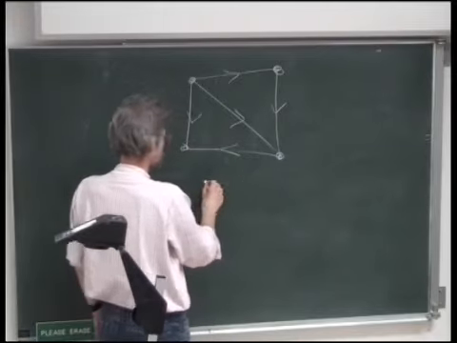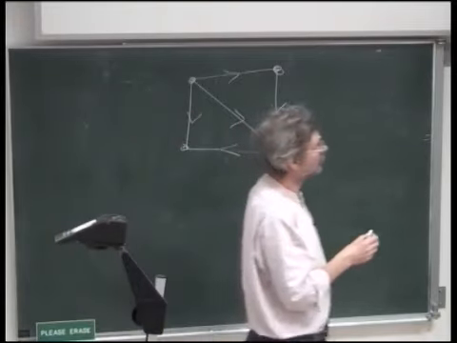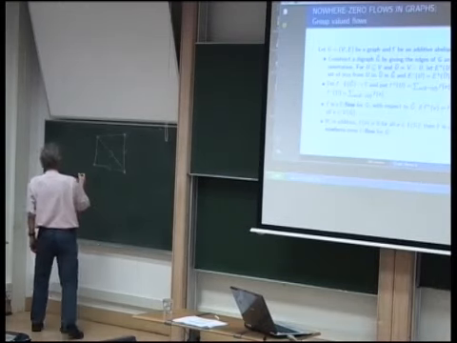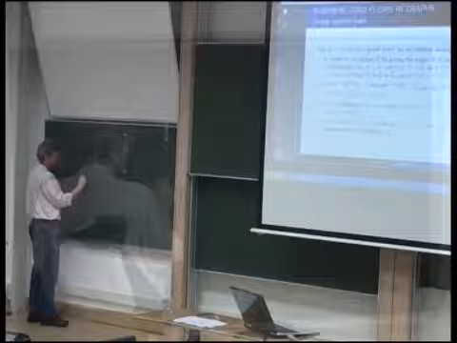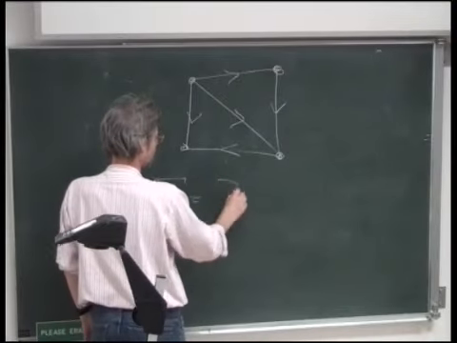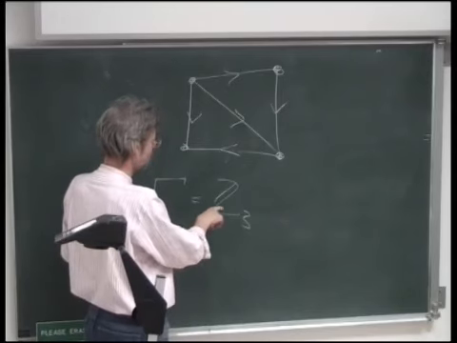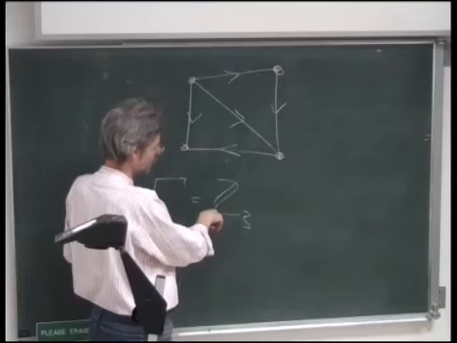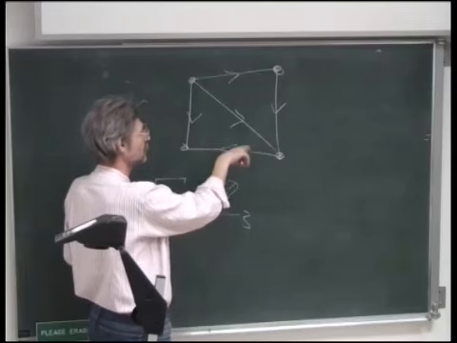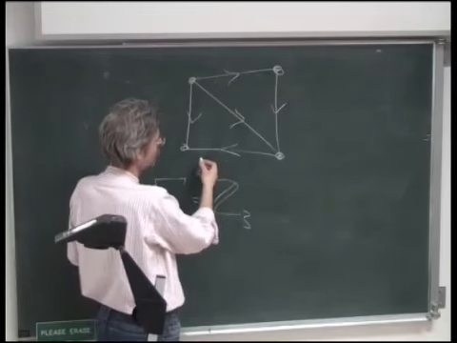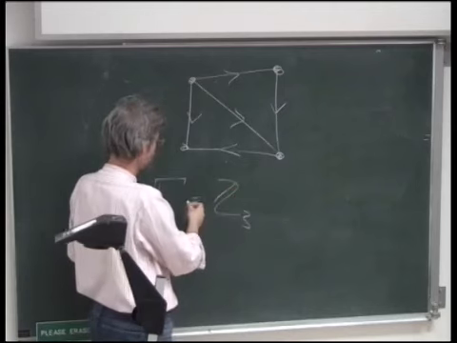Now I have an abelian group, gamma, and this is my graph G. Let's take gamma to be the integers modulo 3. I'm going to put the elements of this group on the edges such that at each vertex the net flow is 0 in this group.